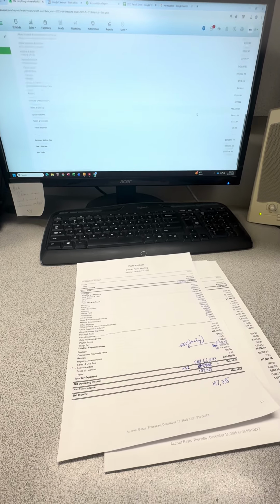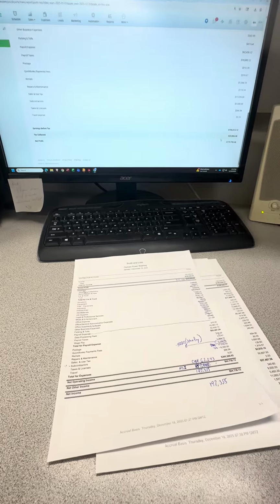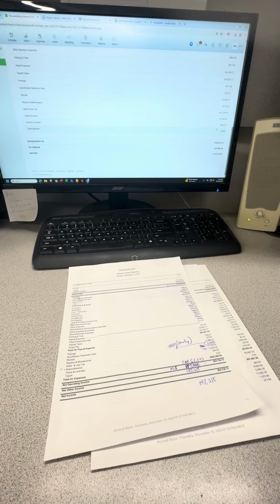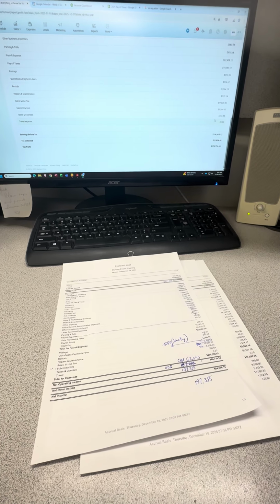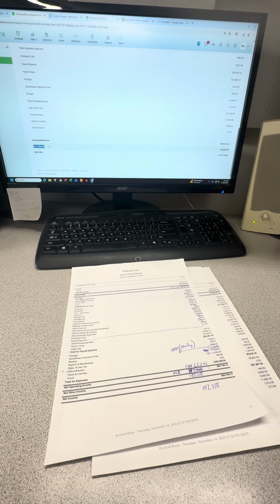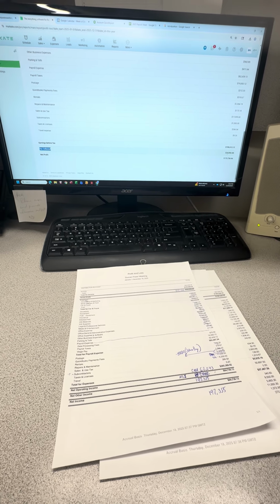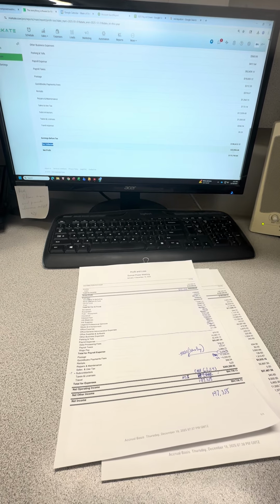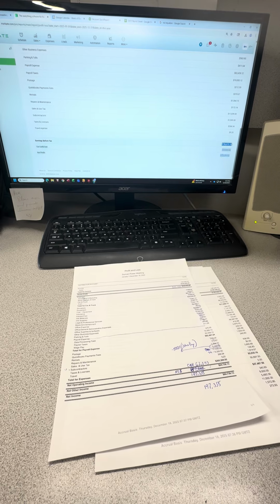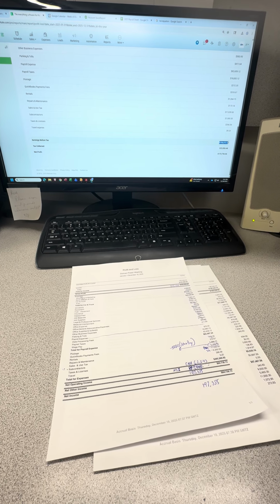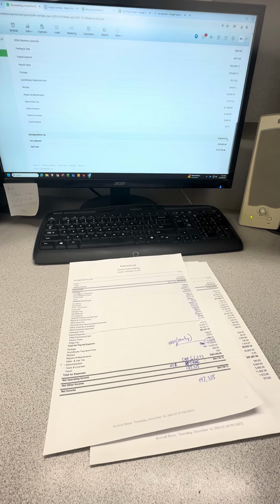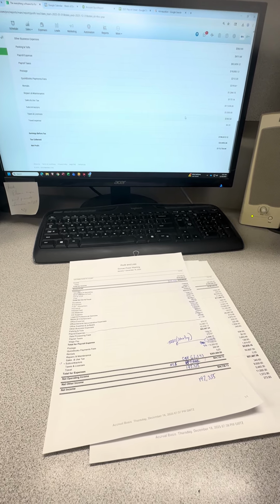To find that NOI, we do not count this here, because that $22,000 is wrong. So it should just be this number right here, the first one, earnings before tax. And that's how we did that.